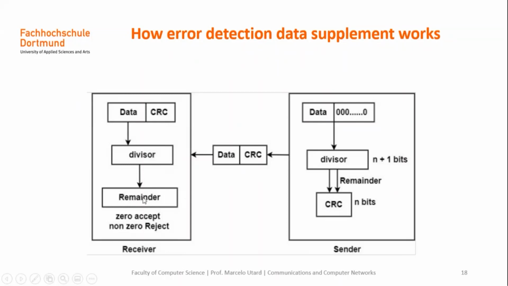If this remainder is different from 0, it means that the frame received has experienced errors during the traveling across the network.